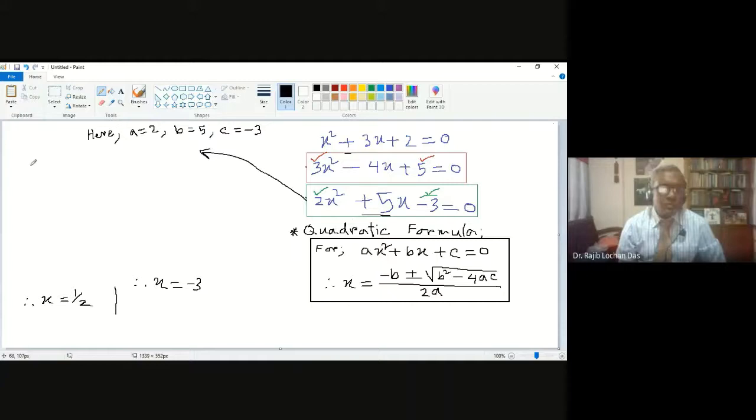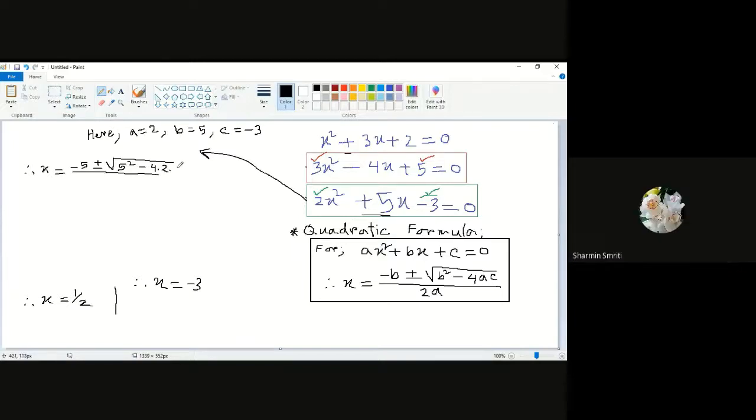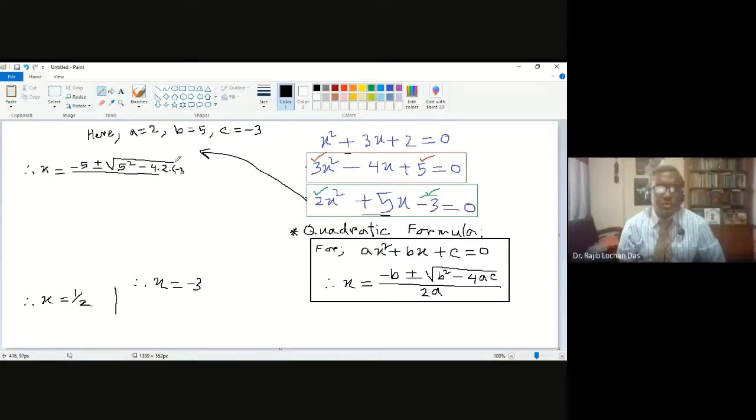Now you can apply the formula and directly write x equal to, then just put in the values: minus 5 plus minus root over 5 square minus 4 into 2 into minus 3. So you have 4AC, and then divided by 2 into A. What is your A? 2.